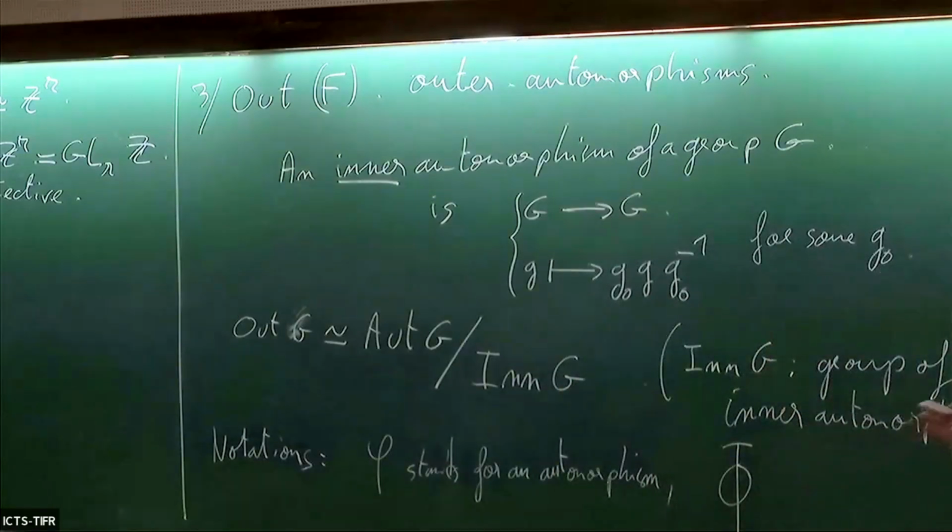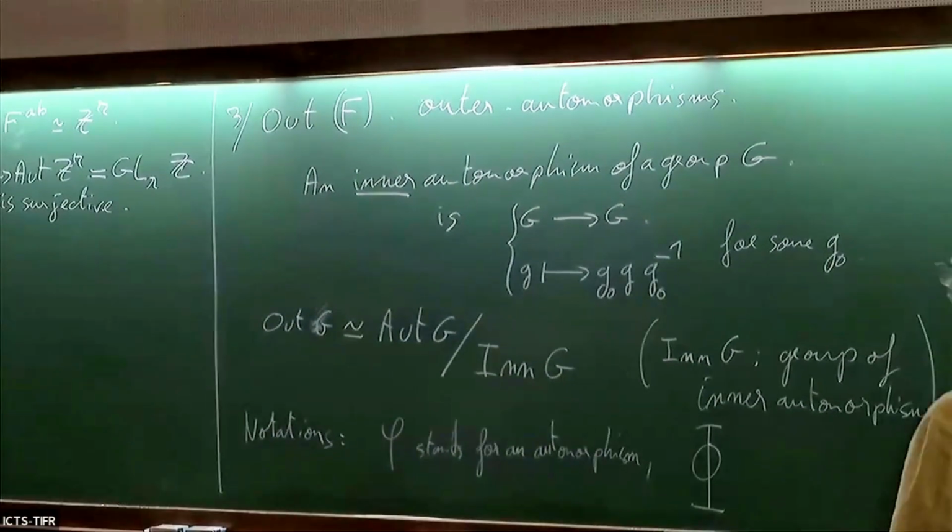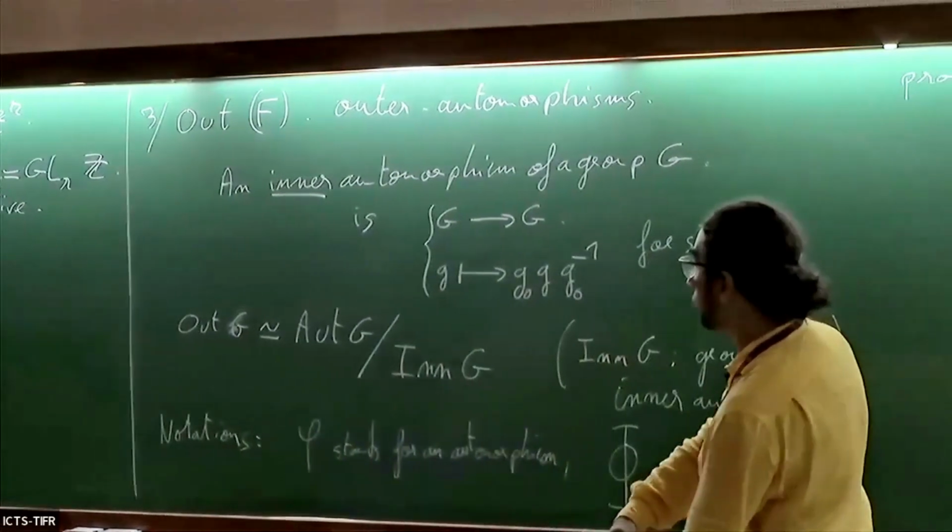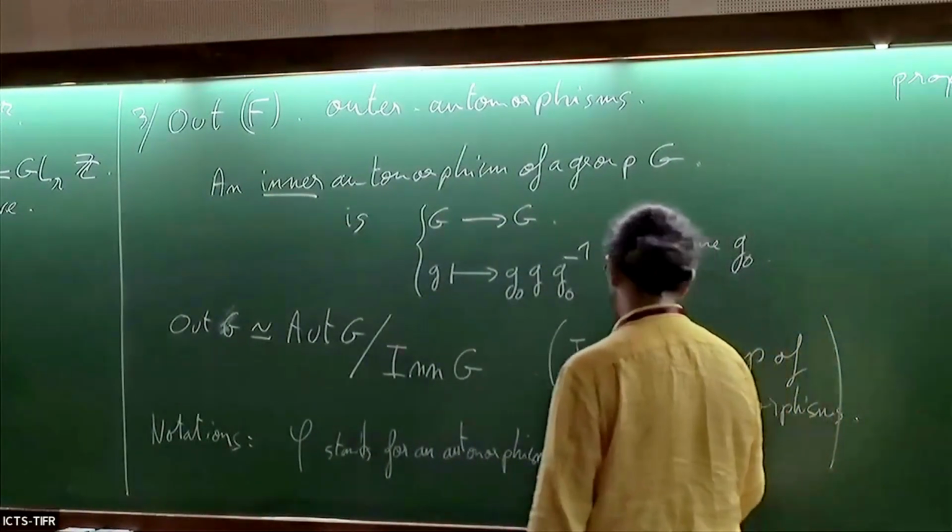So here's phi, and capital Phi, big Phi, would stand for its outer class, for the outer automorphism class of phi.